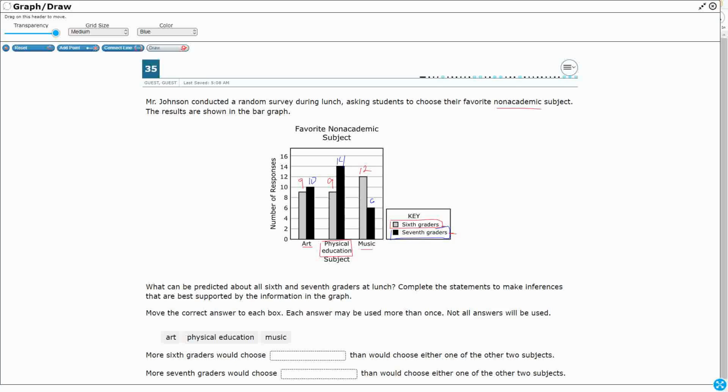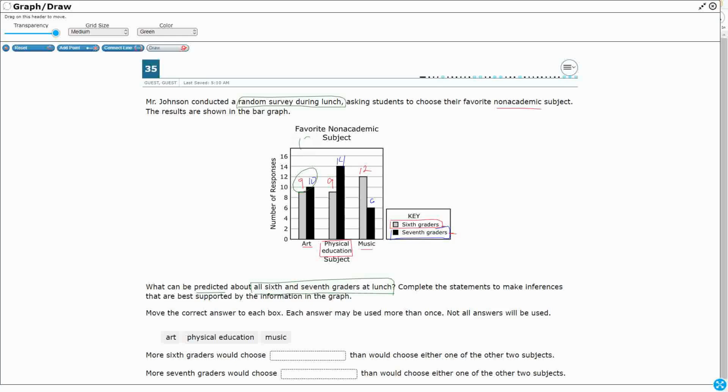And so what we are going to do is predict about all 6th and 7th graders at lunch. Now, it's going to be a prediction, and we're not going to know whether this prediction is 100% accurate because this is just a random survey. He just randomly selected some students, right? And if we wanted to, we can add these up, right?